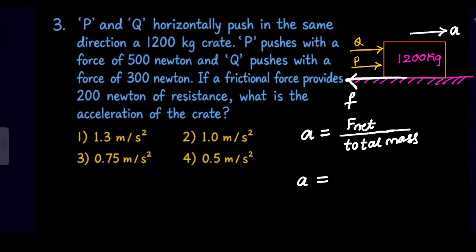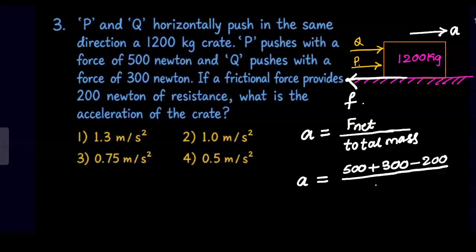The P and Q forces are along the acceleration, that's why positive. And the frictional force is in the opposite direction, so it is negative. P force is how much? 500. Q force is how much? 300. And the frictional force is how much? This is in the opposite direction, that's why negative.